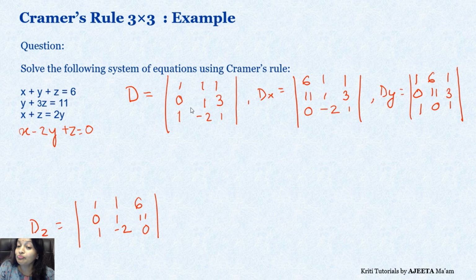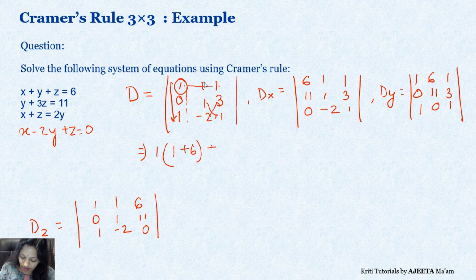Now let's do the determinant for 3 by 3. Now for the determinant of D, let's do it column wise. Now for 1 we leave the row and column in which 1 is present. Now 1 into down minus up. So that is 1 plus 6.